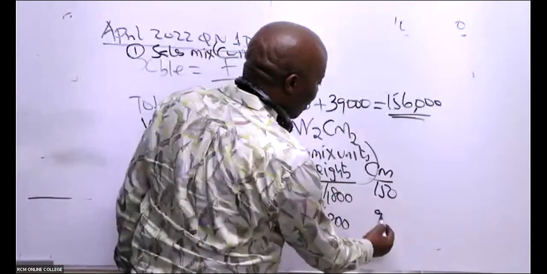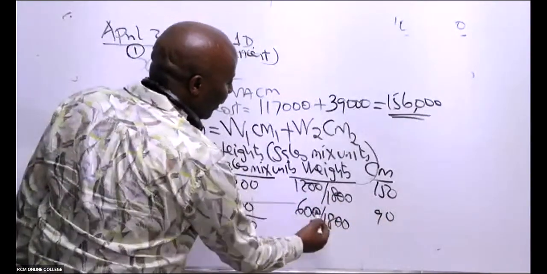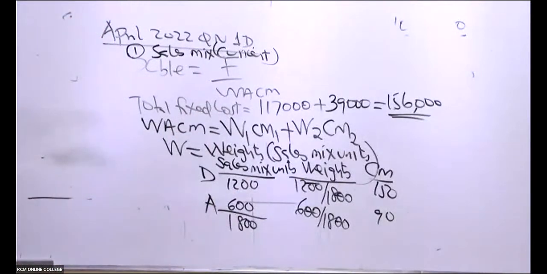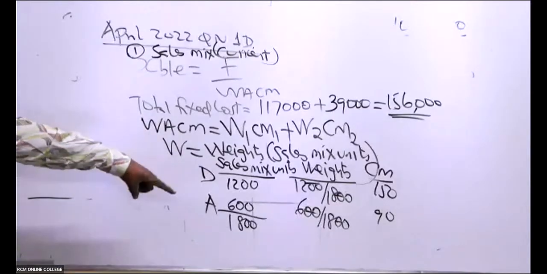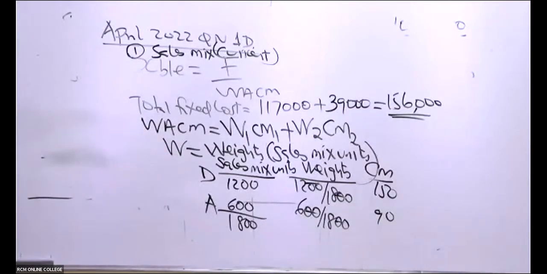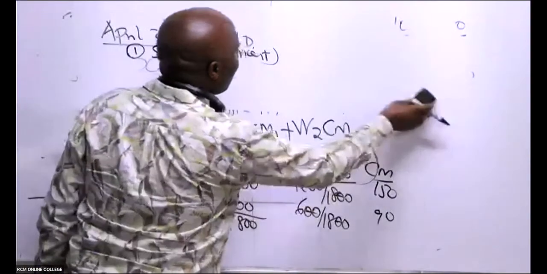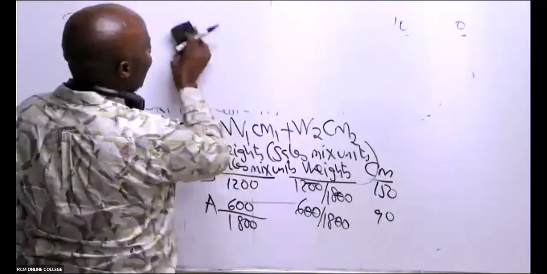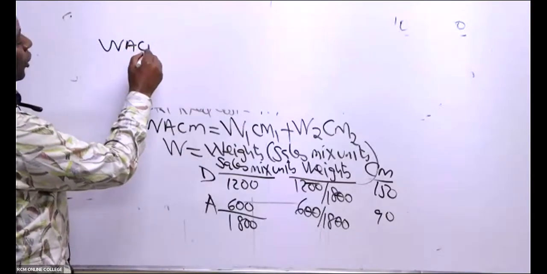If you wish, of course, you can cancel the zeros, no problem. So then I want you now, good students of mine, to give me this WACM now that you have everything there. Give us the weighted average contribution margin.